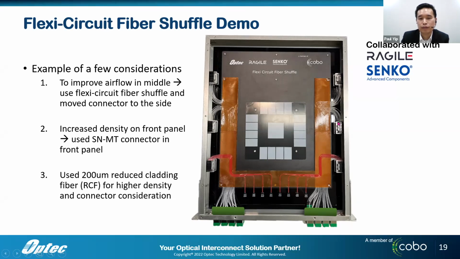Different from the previous demo, we made this flexi circuit on the side, so that it's easier to promote airflow in the whole module and to avoid SMTs in the middle.